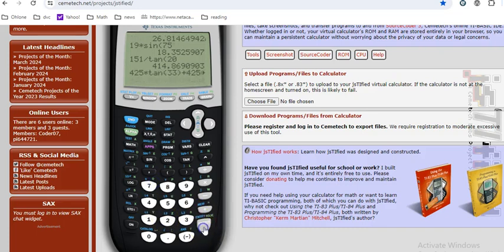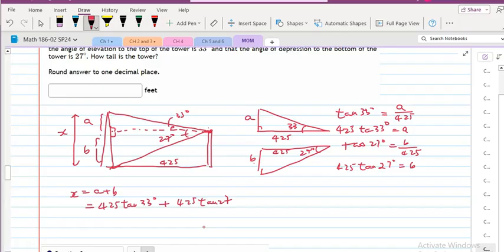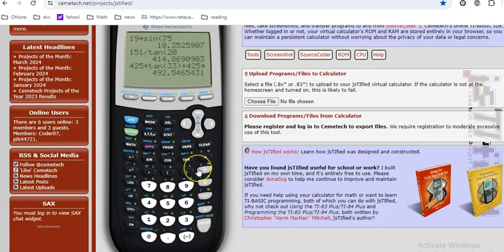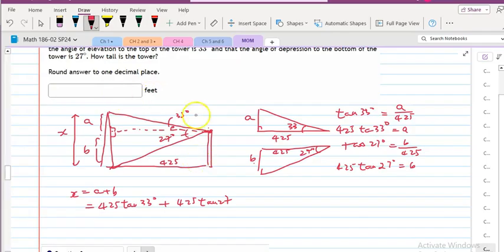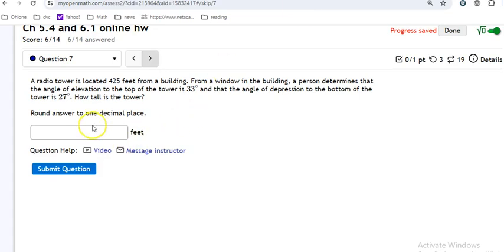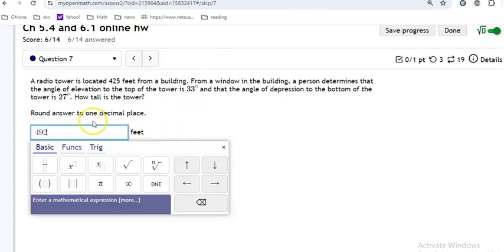That is 492.55. Rounded to 1 decimal place, 492.5.